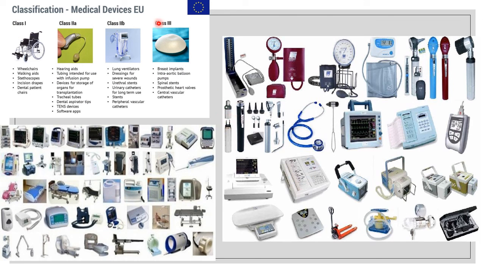So these are the classification of the medical devices: wheelchairs, stethoscopes, drapes, hearing aids, transplantation, tracheal tubes, TENS devices, urethral catheters, vascular catheters, spinal, breast implants, intra-aortic balloons. These are the different images of the medical devices.